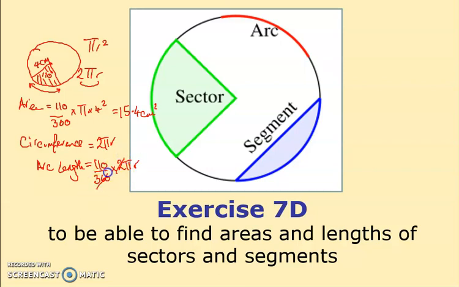The 2 and the 2 cancel if you want them to, but who cares? So I'm just going to type them in. 110 divided by 360 times 2 times pi times r, which was 4, and again I get 7.68 centimeters.